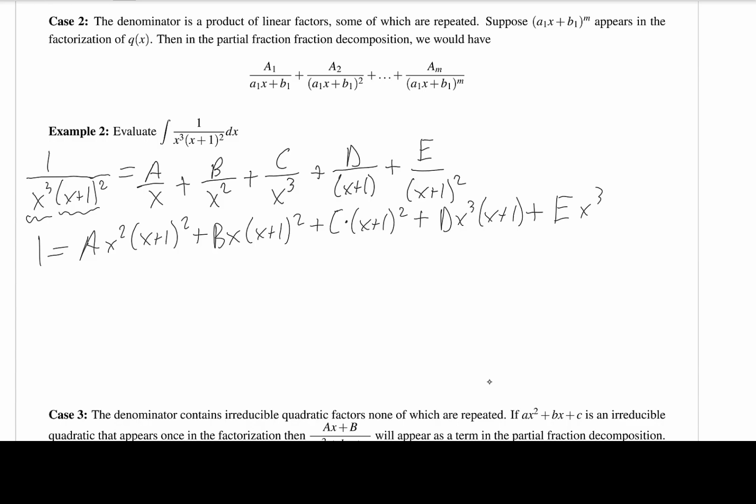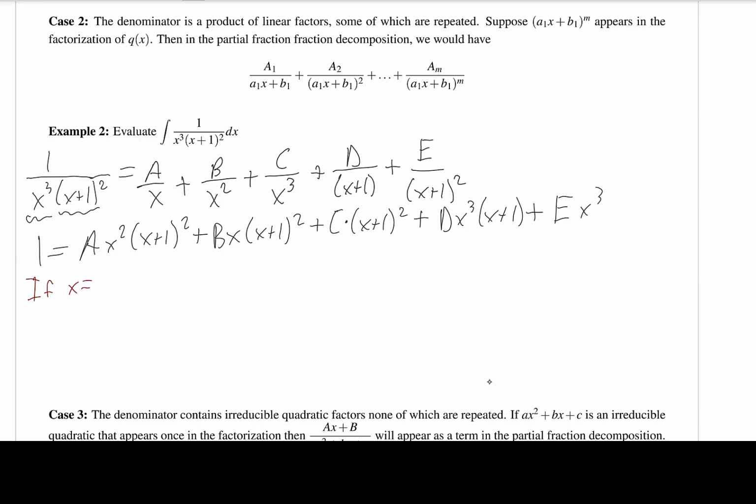Okay, so this is one of the cases where we can knock out one of our constants pretty quick by just plugging in x equals negative 1. If I plug in x equals negative 1, this goes to 0, this goes to 0, this, and this. And so we'll just be left with e x cubed. So I'm going to start combining our two methods.